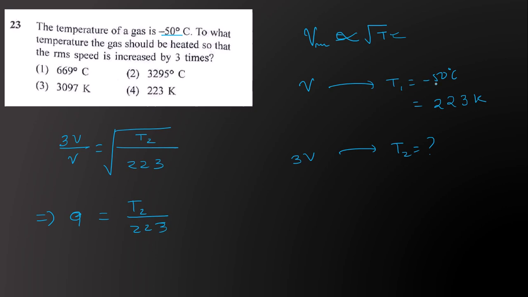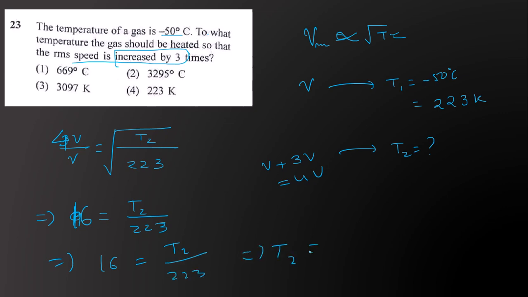I'm sorry, I made a mistake here. The RMS speed should be increased. Increased means initially it was V, so finally it will be 4V. So this is 4V, so 16 equals T2 over 223.